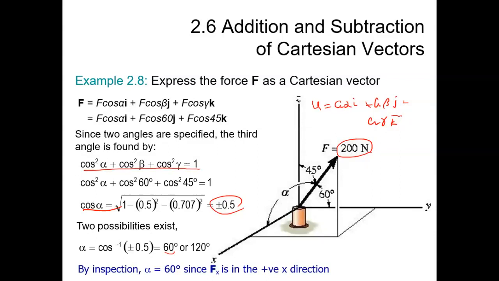Yeah, cos 120 makes a negative component.